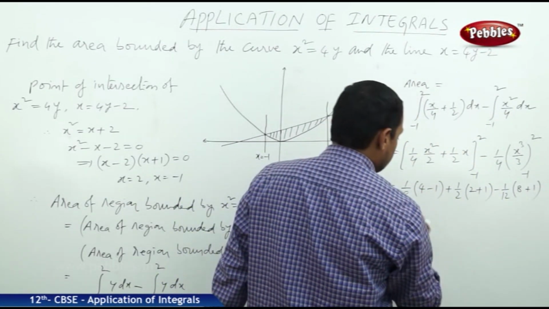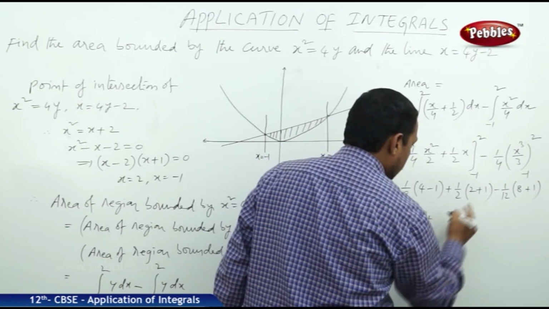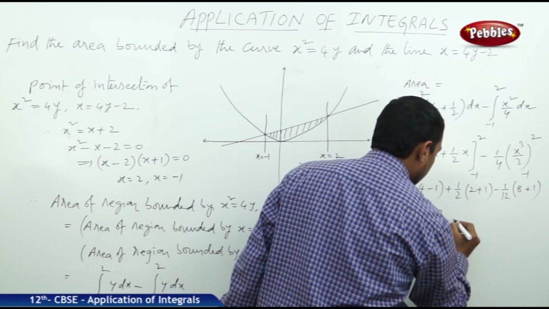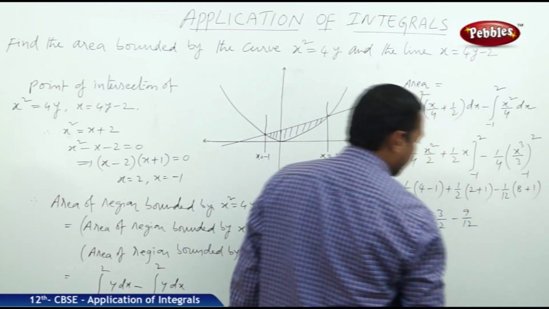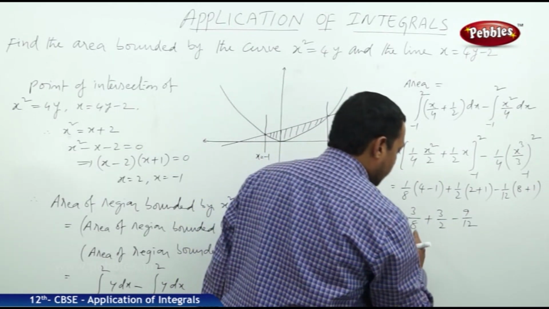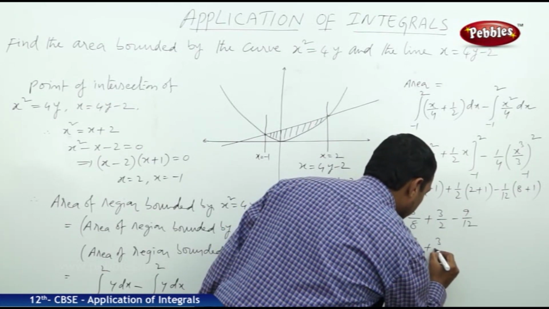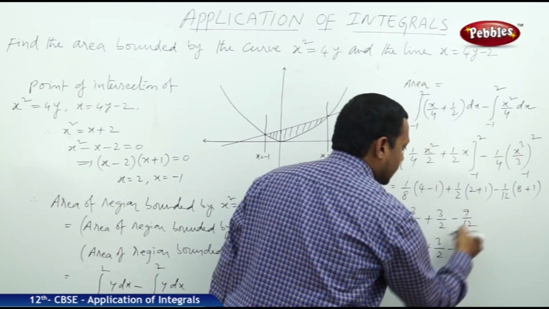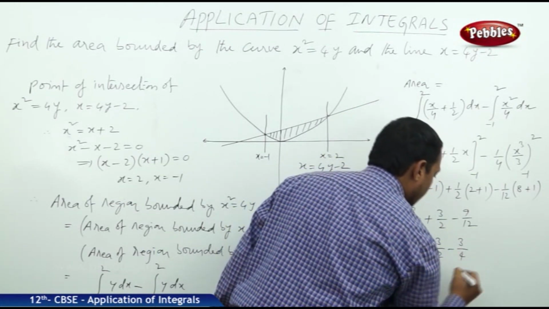Now 4 minus 1, 3 by 8, plus 2 plus 1, 3 by 2, minus 9 by 12. Now this is 3 by 8 plus 3 by 2 minus, clearly the 3 gets cancelled here, 3 times 3, here it is 4 times.